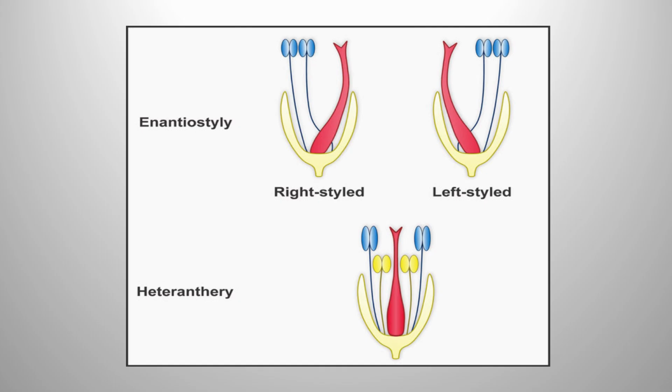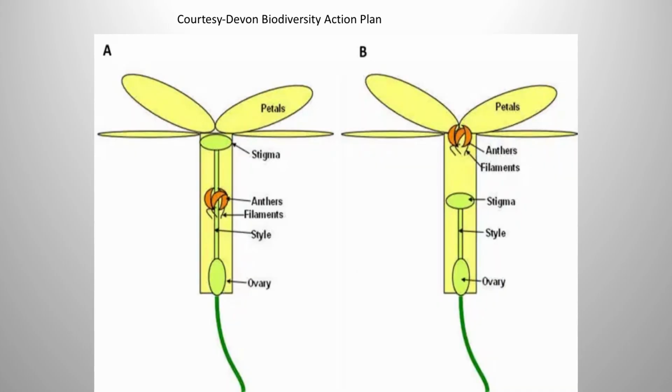Another condition is enantiostyly. Sometimes the style is coiled towards the right side, sometimes the style is bending towards the left side. This again promotes the cross pollination rather than self pollination. So, this is a condition seen in case of Primula flower. This was discovered long back by Darwin, the pin-eyed and thrum-eyed.